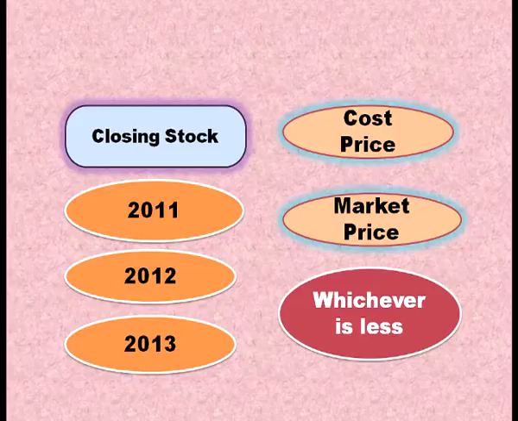If one organization has valued closing stock by a method like cost price or market price, whichever is lower, in 2011, then in 2012 and in 2013, in the same way they have to value the closing stock.